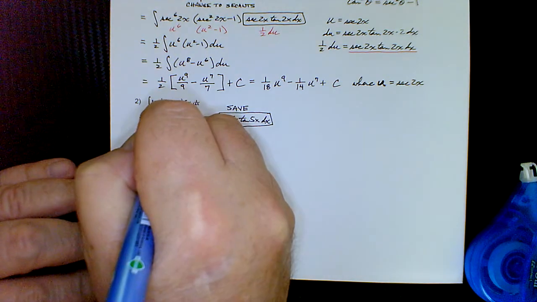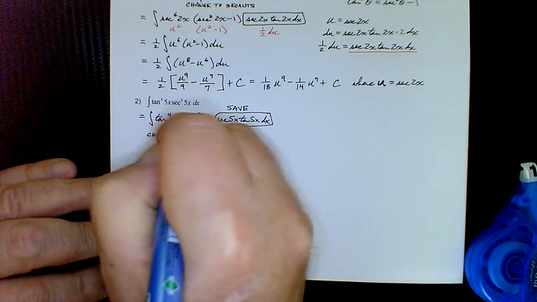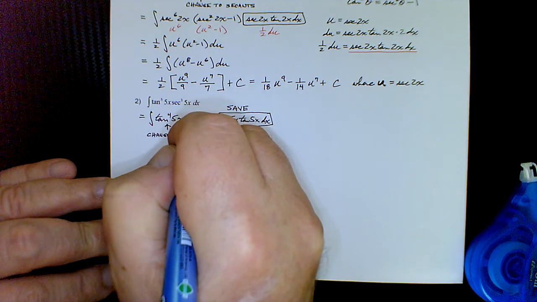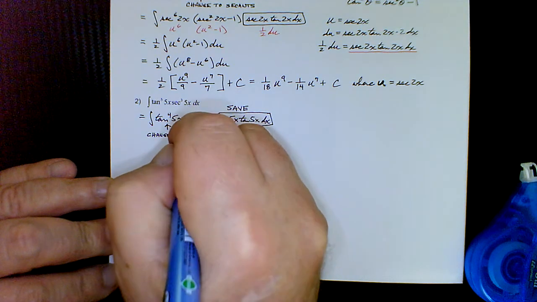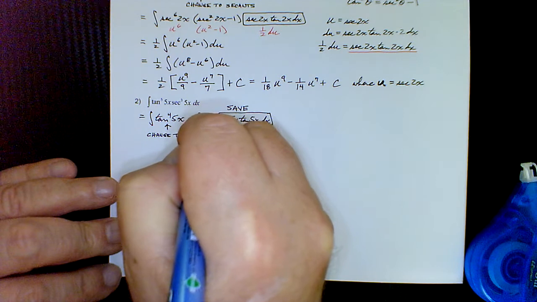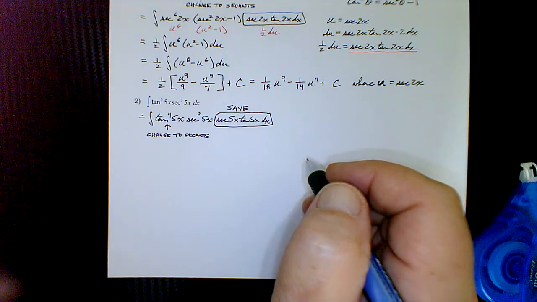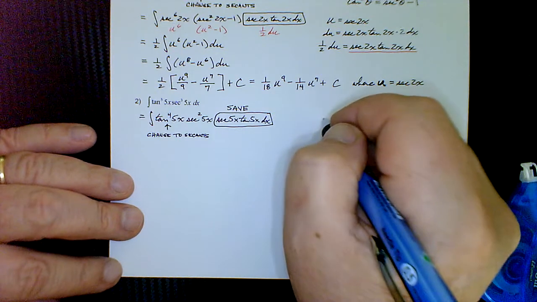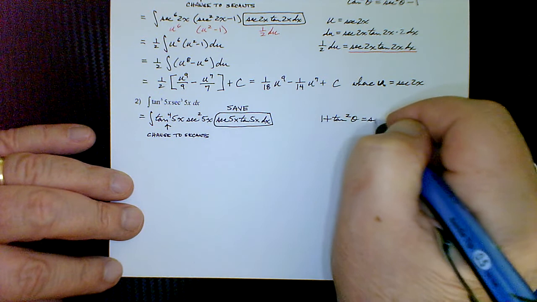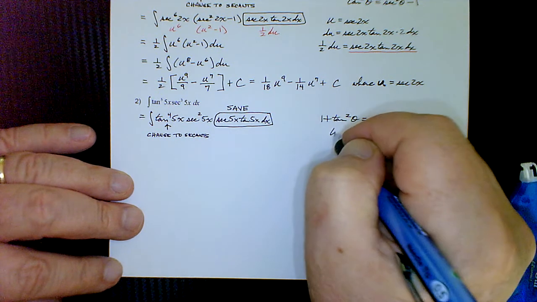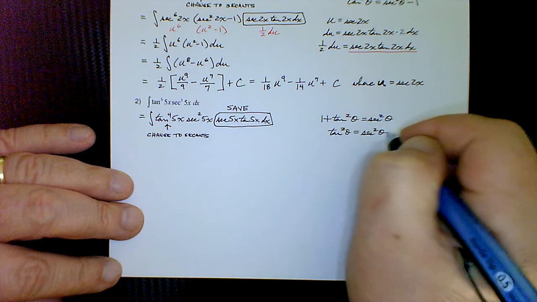So therefore, if we change the remaining factors of tangents to secants, then we'll be able to start the u substitution process. And we can because we have the identity that 1 plus tangent squared is secant squared. Our interest is in tangent squared.